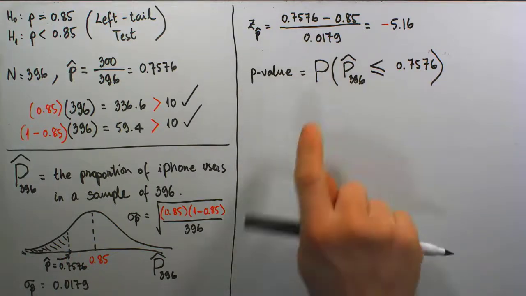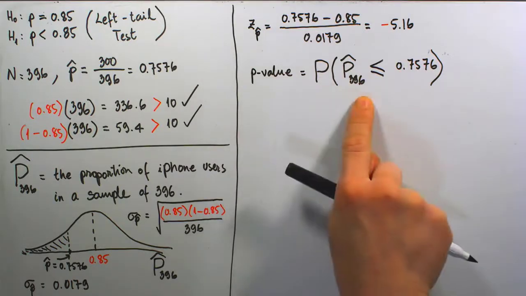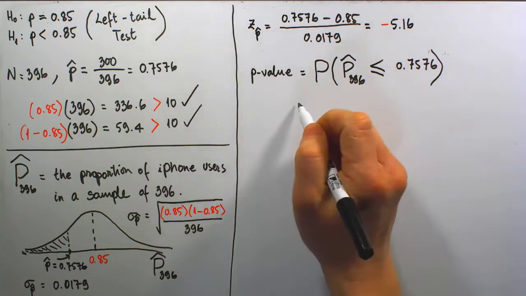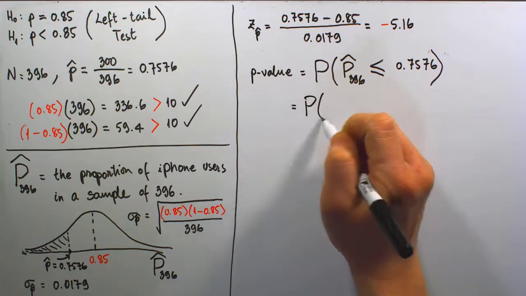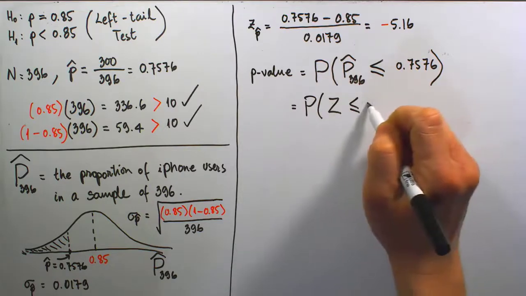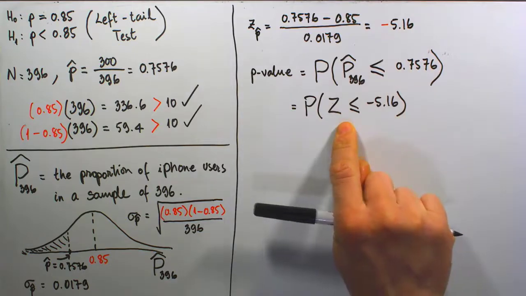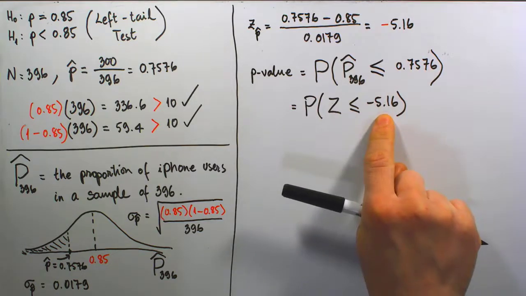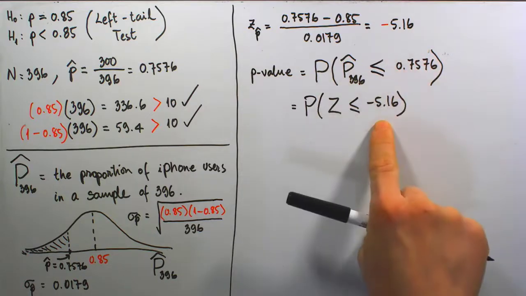Upon realizing that our problem can proceed as a bell curve problem, this p-value can be calculated simply as the probability of finding a z-score less than or equal to negative 5.16 on the standard normal distribution curve. The z-score negative 5.16 is the z-score that we found in the previous step.